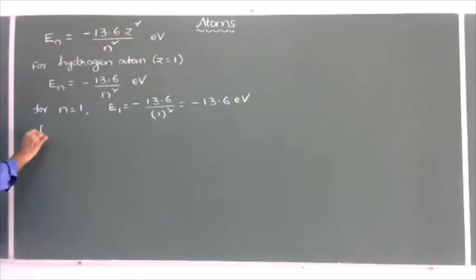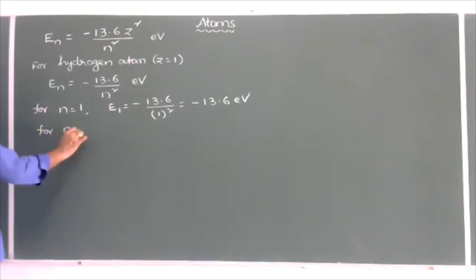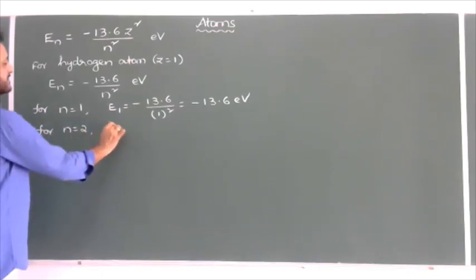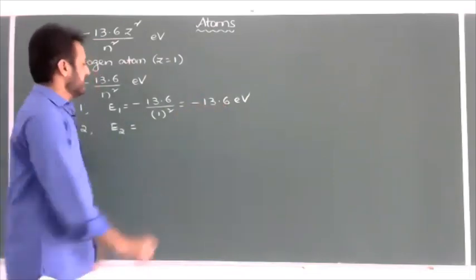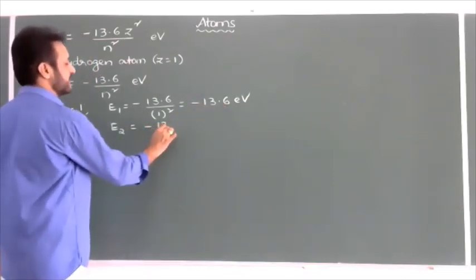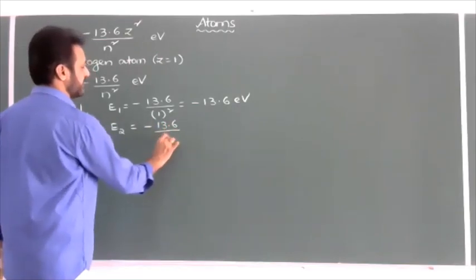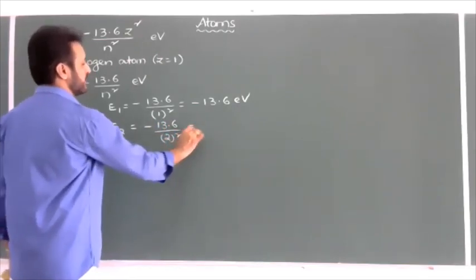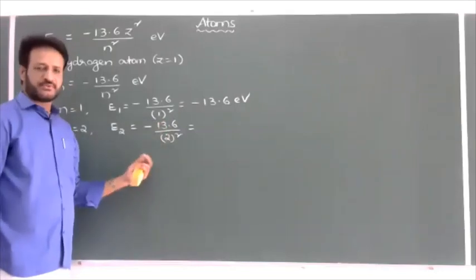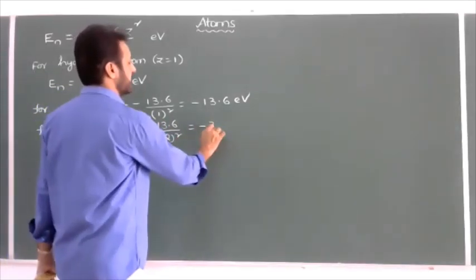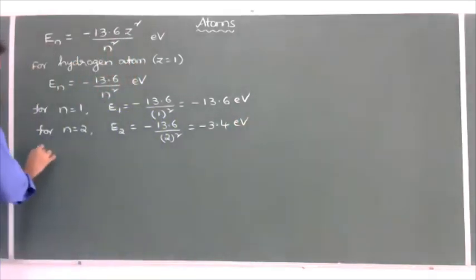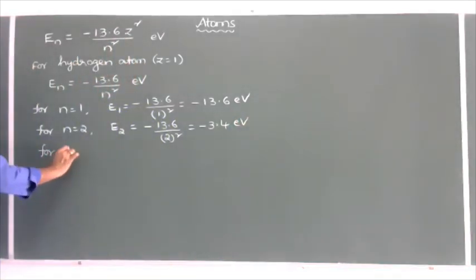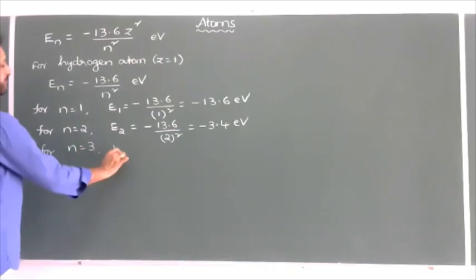For example, in the second orbit of hydrogen atom, what is the energy of electron? We can understand how the energy value changes as n value increases. Second orbit means minus 13.6 by 2 square, means 4. Minus 13.6 by 4 is minus 3.4 electron volt. For the third orbit, put n is equal to 3.